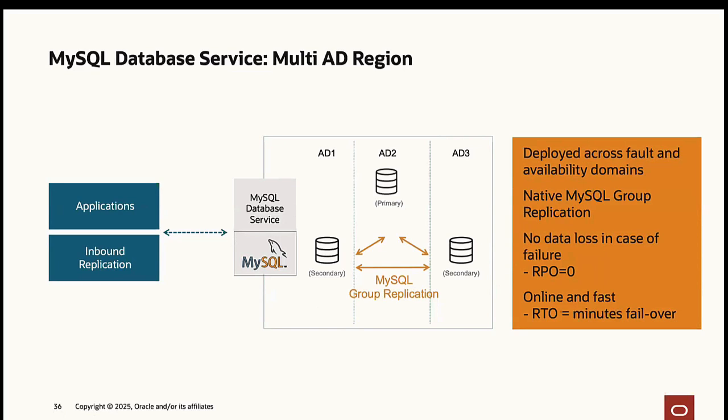So ideally, if something goes wrong in one quadrant of the data center, then there is a fault decorrelated area somewhere else in the data center that it will spread these different MySQL databases across. I would imagine, though, most people are in a multi-AD region because the large majority of OCI regions, over 80% of them, are multi-AD.